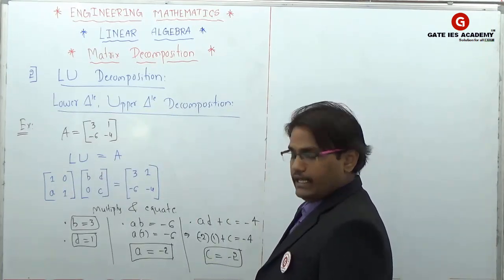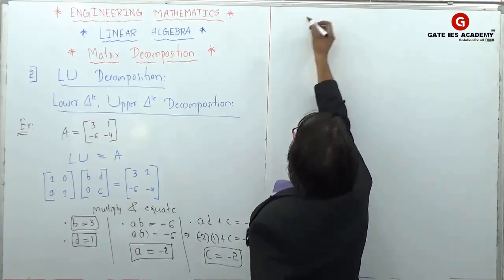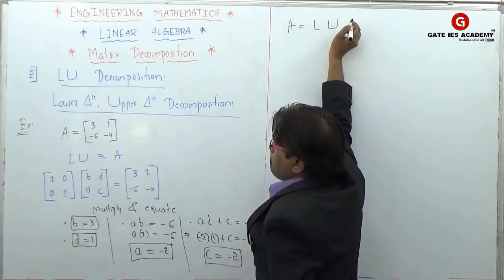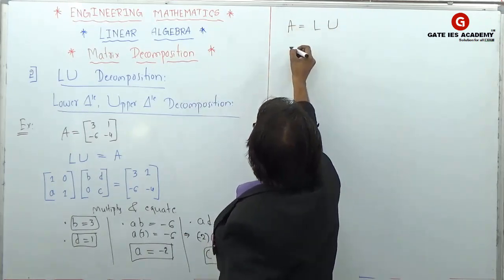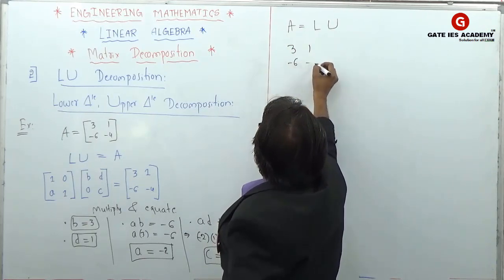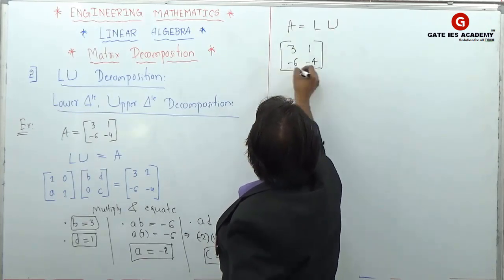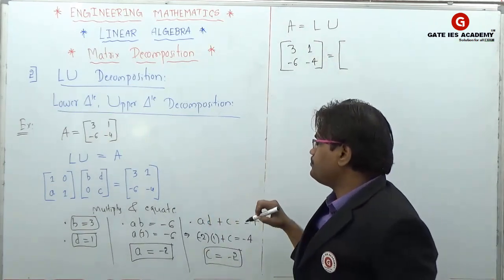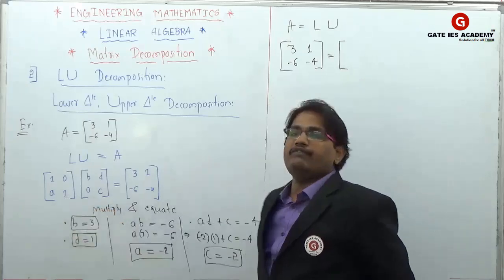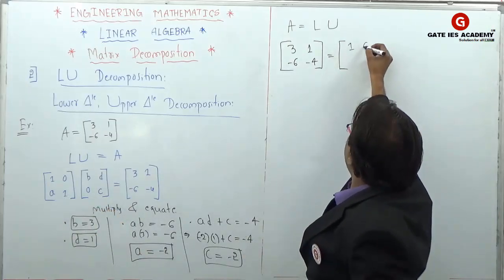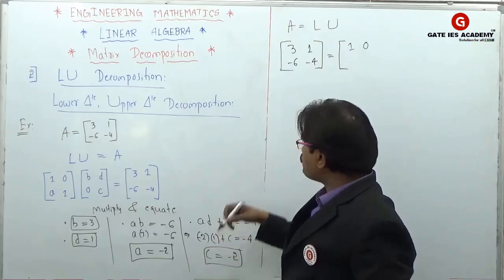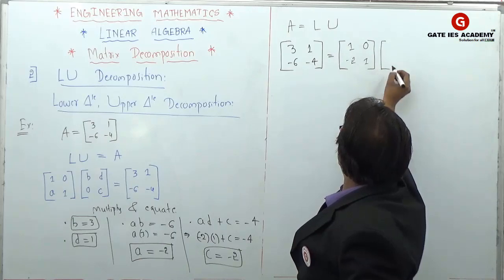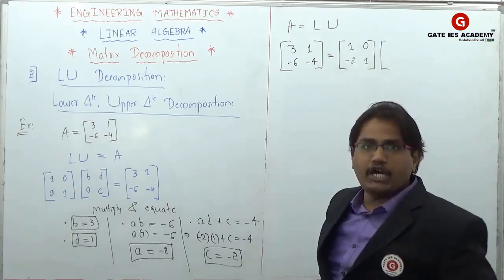So how can we write A as A equals to LU, right? 3, 1, minus 6, minus 4. This is A. What is the lower triangle? 1, 0, A, 1. 1, 0, A is minus 2. Then what is the upper triangle?